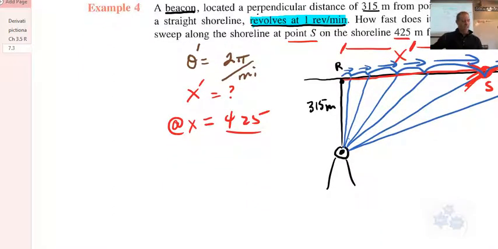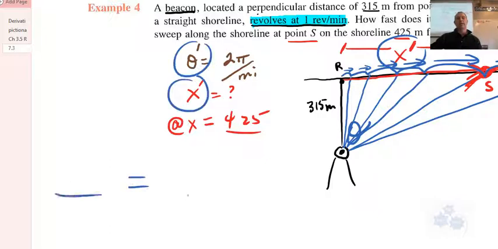How am I going to relate theta, this theta here, and x, because theta and x are my two rates? Is there an equation that relates x and theta? If you think about this triangle, that is a right triangle, then you should think, oh, trig functions.